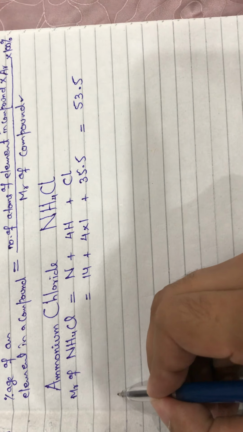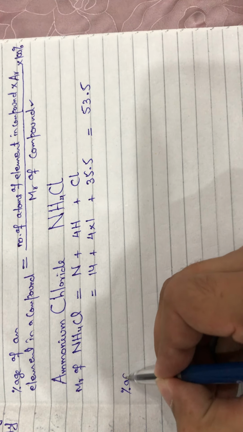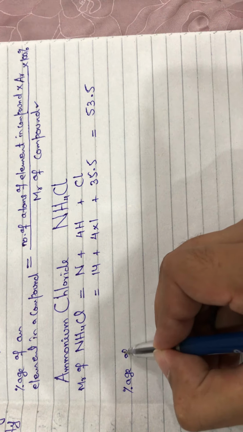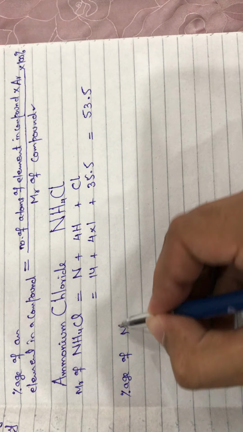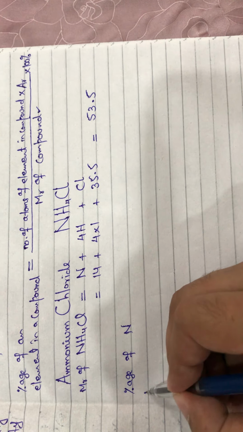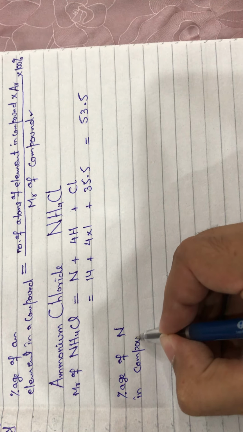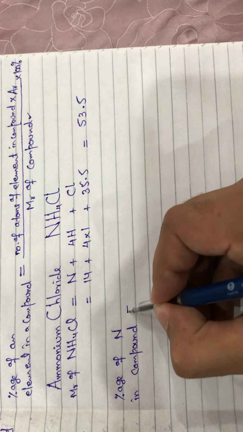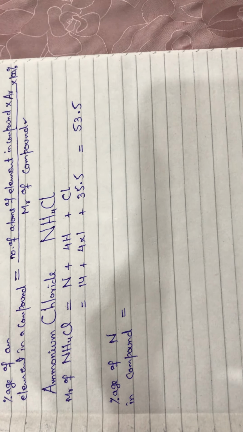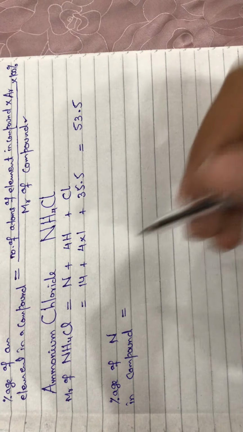Now starting with the percentage of nitrogen in the compound. We are going to find out the percentage by mass of the nitrogen element.